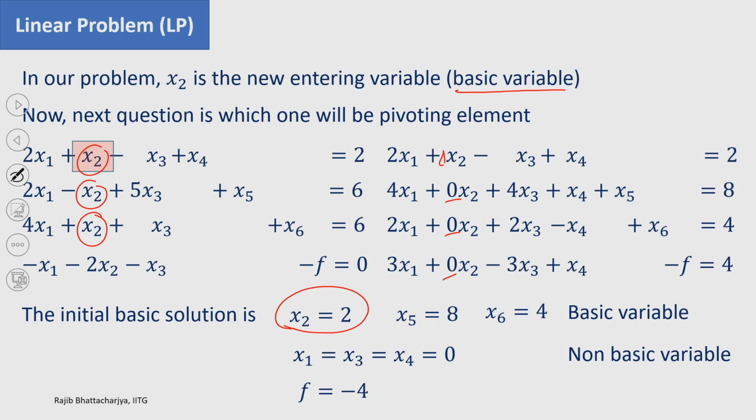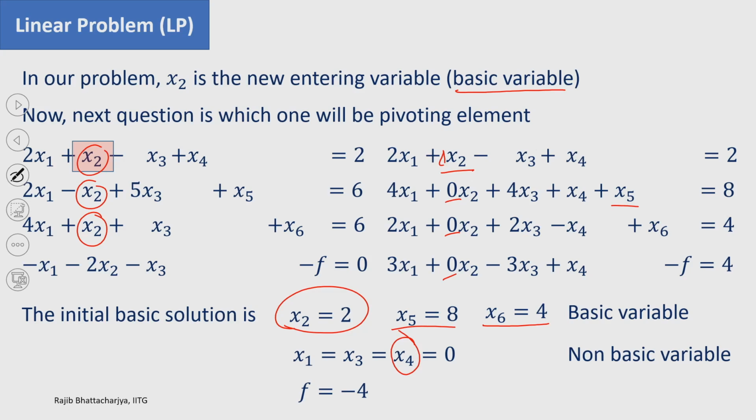Therefore, from the first equation I am getting x 2 equal to 2, and then x 5 is another basic variable, x 5 equal to 8, x 6 equal to 4, and x 1, x 3 and x 4 equal to 0. x 4 earlier was a basic variable, now it is a non-basic variable.